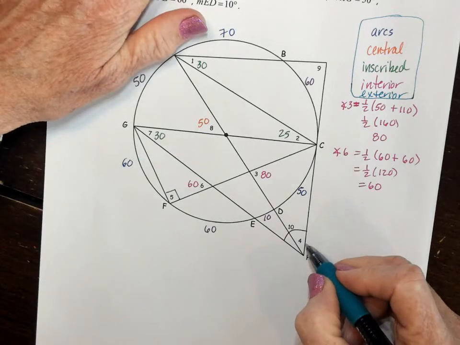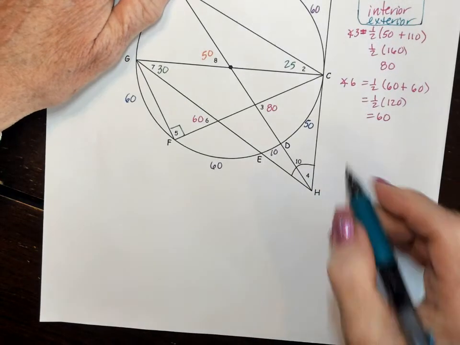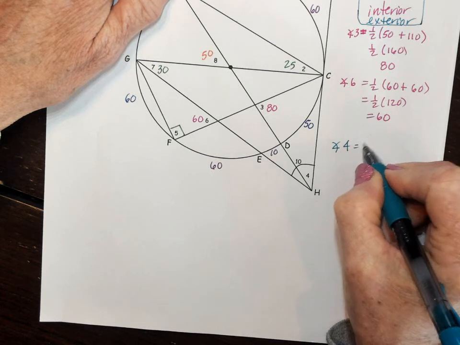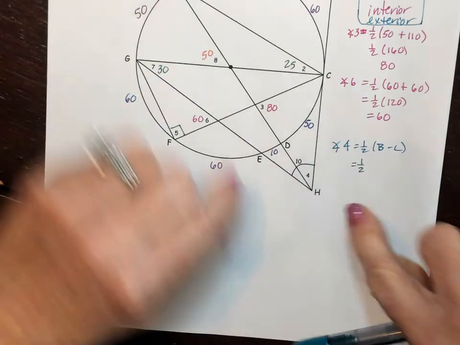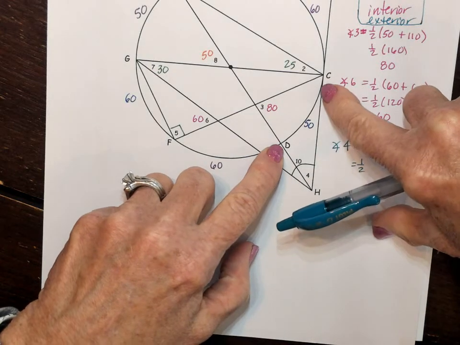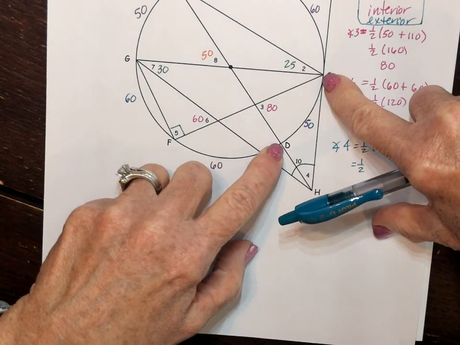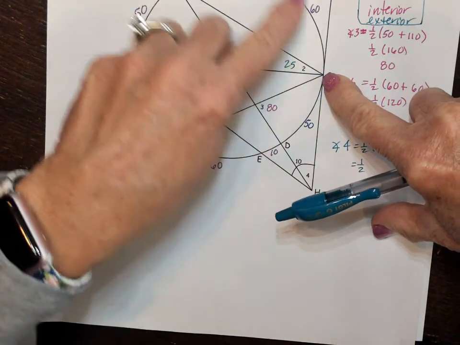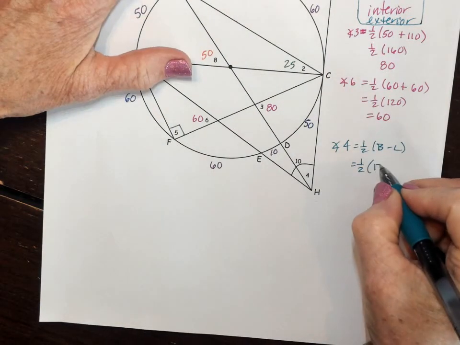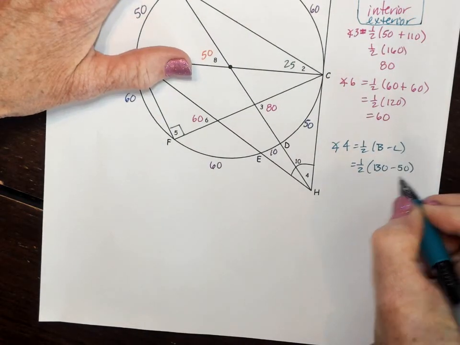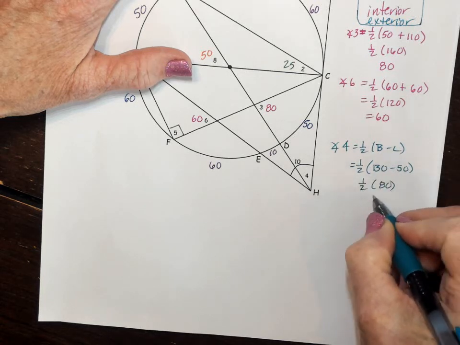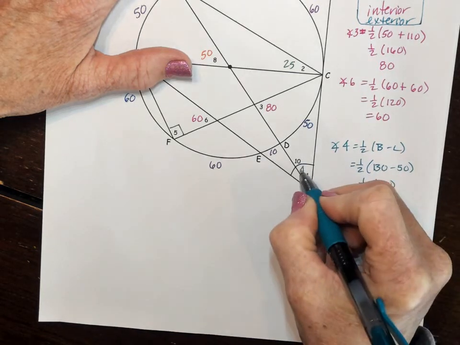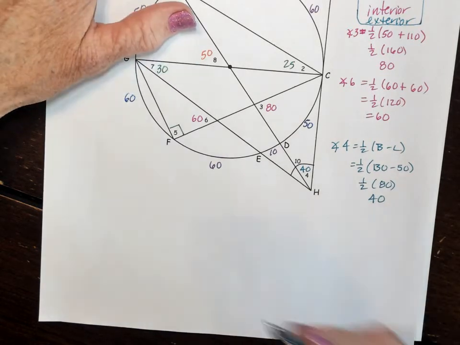All right, let's find angle 4. Half big minus little. Little is 50 right there, and then the big one is going to be that 130. 130 minus 50 is 80, which is 40. Angle 4 is 40.